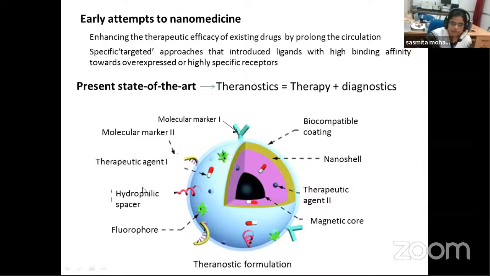Then we can decorate it with a hydrophilic spacer, which will minimize the possibility of opsonization. We can decorate it with a fluorophore. So multiple facilities can be incorporated in a theranostic agent to serve different purposes, which is not possible in conventional medicine.